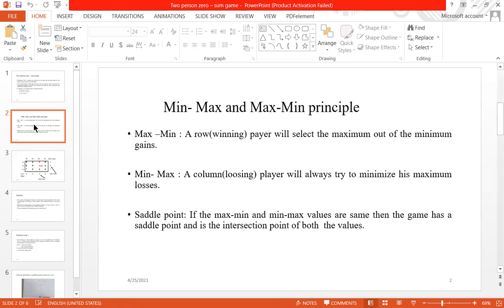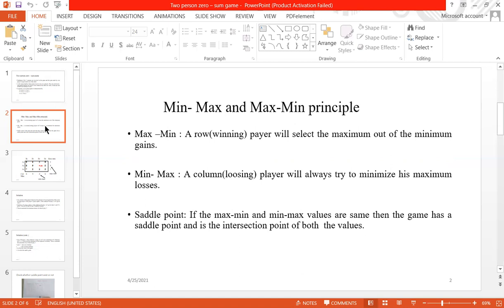He or she will first find out the minimum gains, and then he or she will select the maximum out of it. While the B player plays min-max strategy, where the player tries to minimize his or her maximum loss.